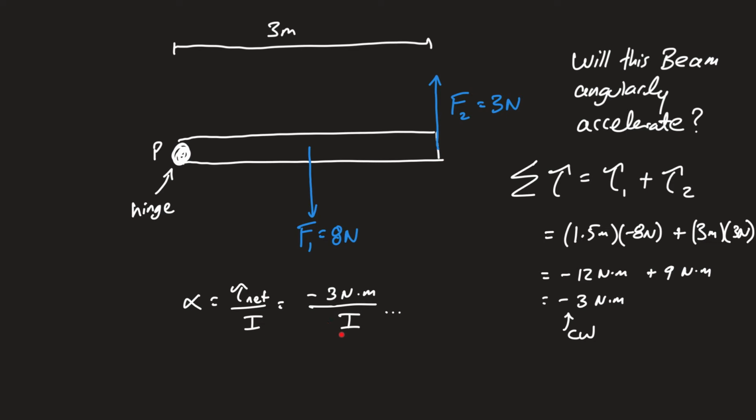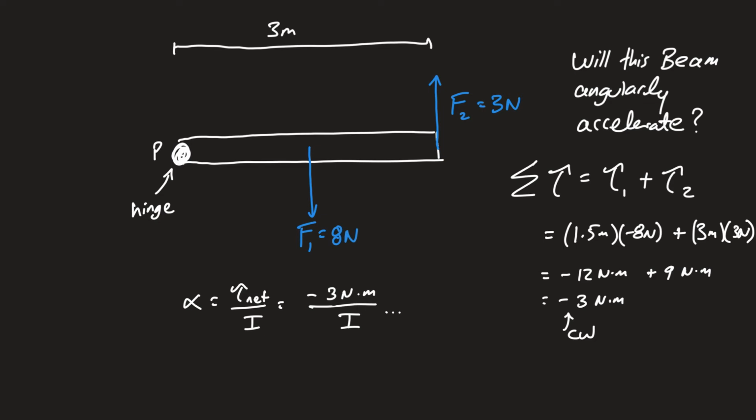Notice I didn't give you the rotational inertia because we haven't really learned that yet, but if you knew that number, you'd be able to divide, and then you would know the angular acceleration, or how many radians per second squared this thing changed its angular velocity at. All right. So this would not be a fixed situation or a constant angular velocity situation, or what we call static equilibrium.